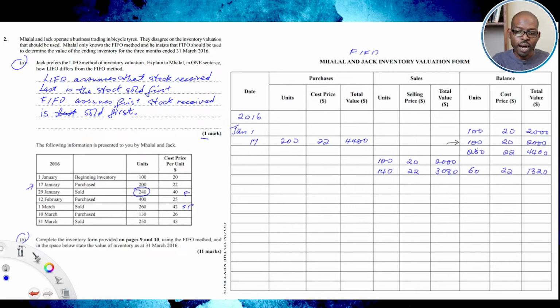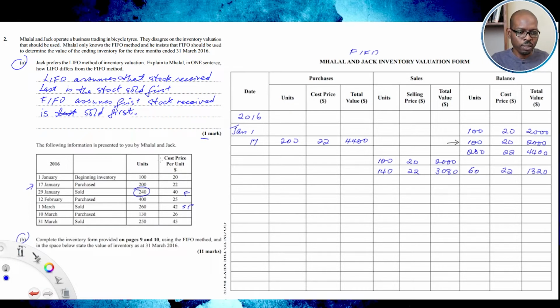So as you consume units or as you sell units, the first sets that come in, you will be moving downwards, and we'll have a new first set. This 200 units become our new first set. When we take from that, what remains is 60.